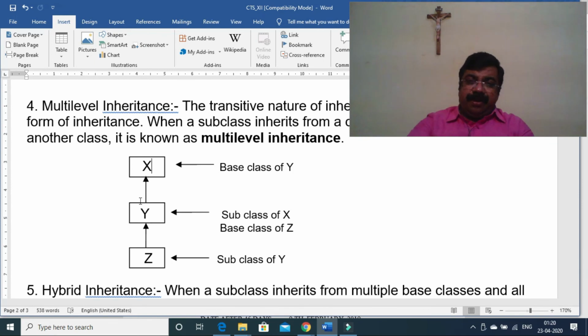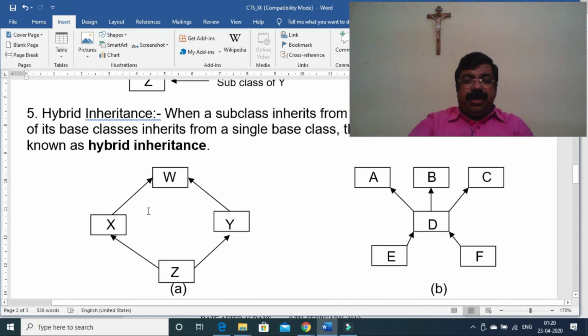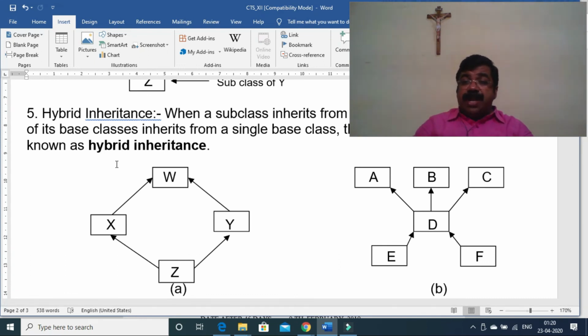Okay, hybrid inheritance. Whenever we have one base class which has 2 children, or we can say 2 different classes have one base class, and those 2 derived classes are the base class for somebody.